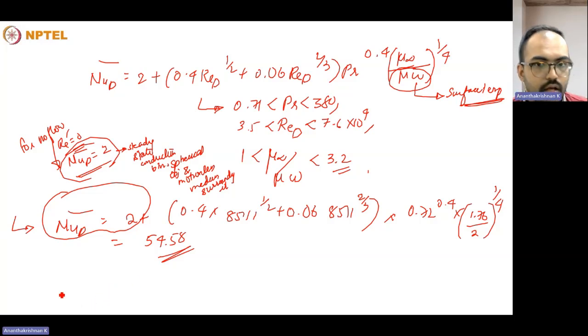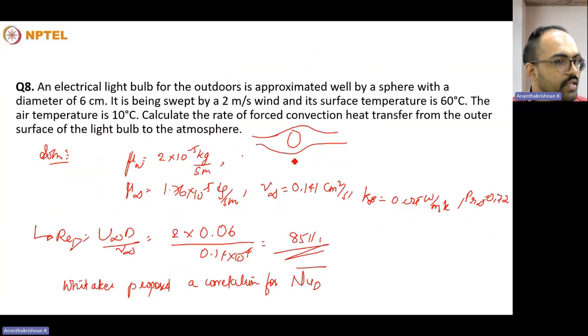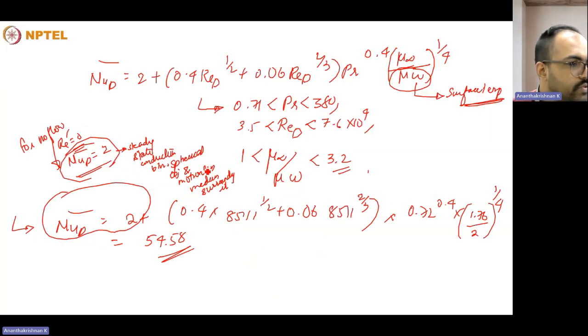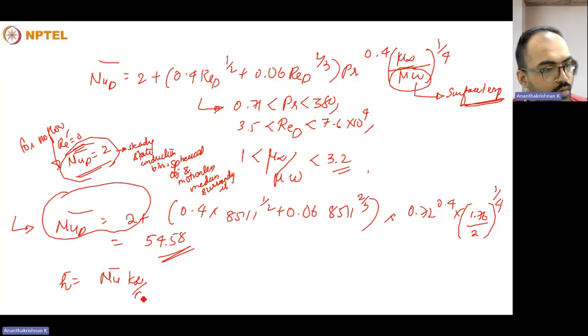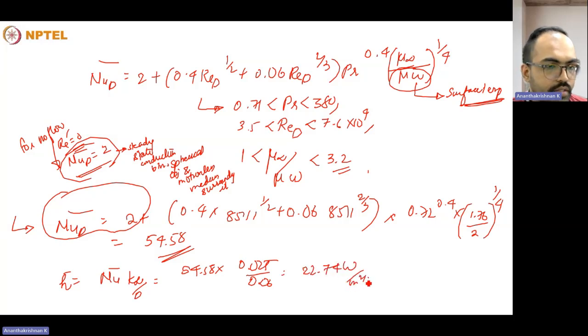This question says we have to determine the rate of forced convection heat transfer from the outside surface. So for that, we need to calculate the heat transfer coefficient. The heat transfer coefficient will be given as Nusselt number into K infinity divided by D, which is 54.58 into 0.025 divided by 0.06, equal to 22.74 watt per meter square Kelvin.